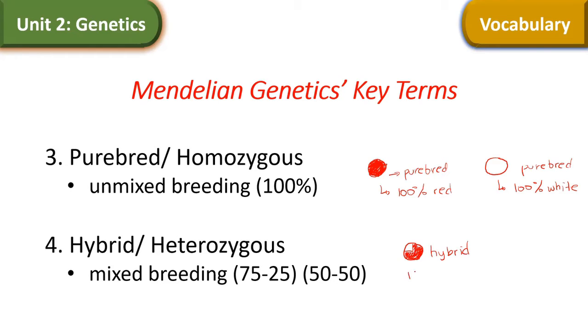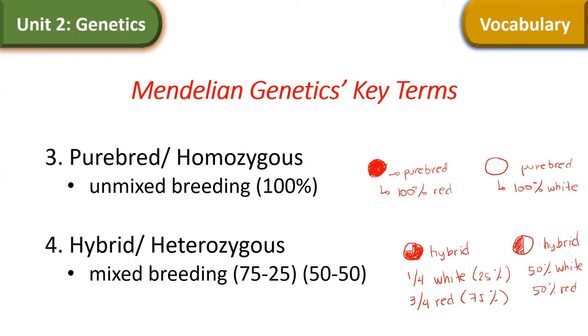So I can say 1/4 white color, or shall we say 3/4 red color, right? 1/4 is represented as 25%, and 3/4 is represented as 75%. Or another way, it's like this. I have here a circle divided into half. So we can say it's like 50% white and 50% red. So this is also another example of your hybrid.